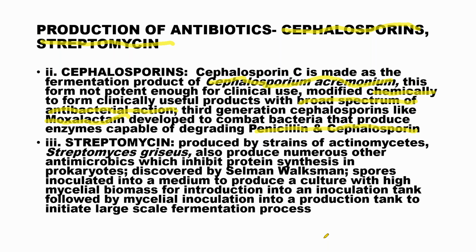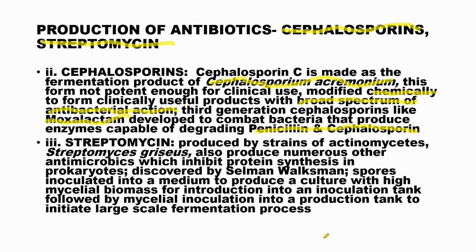So when doctors prescribe an antibiotic, they will go for antibiotic sensitivity testing and they will take the maximum active antibiotic which can kill or inhibit a wide range of bacteria.